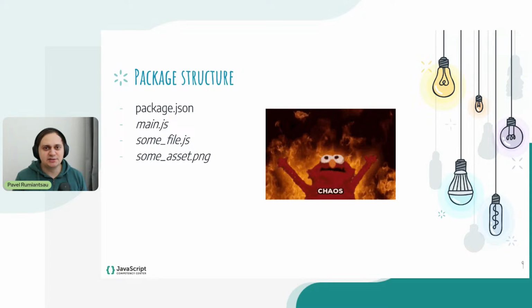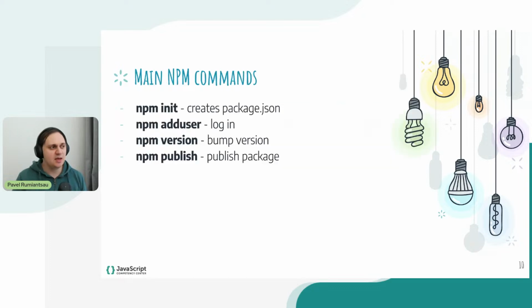It doesn't matter. The only important thing is that you need to configure your file in a way that your application, when it downloads your package, will understand where the source code is and how to use it.